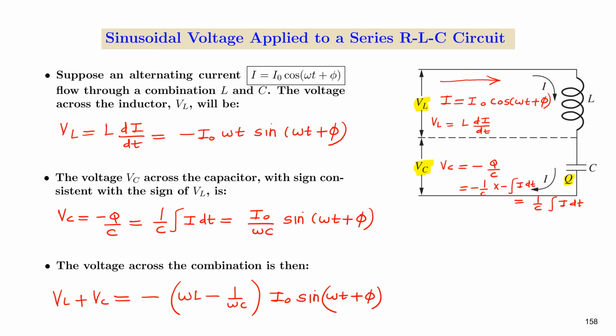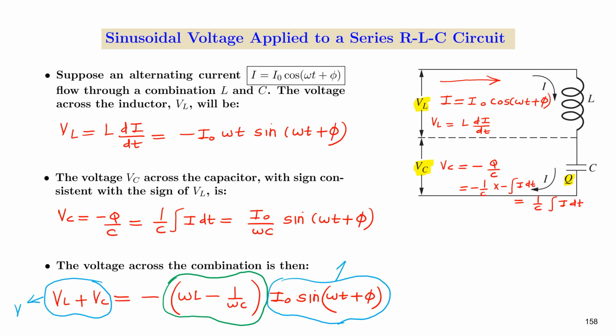Now let us analyze the dimension of the quantity omega L minus 1 by omega C. On the left hand side we have VL plus Vc, which has the dimension of voltage, and on the right hand side the current term has the dimension of ampere. So obviously this quantity will have the dimension of resistance, that is ohms.